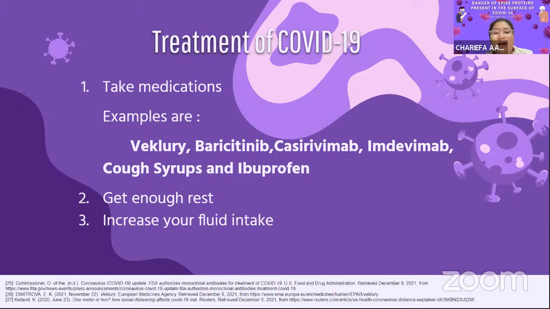All these mentioned are FDA-approved medications that help overcome the infections that the virus brings, and these would also help the individuals heal quicker. If an individual is experiencing lesser effects of the virus, then they may take pain relievers like ibuprofen and also cough syrups to help them with their treatment. Aside from taking these medications, it is also advised to have enough rest and to increase your fluid intake.